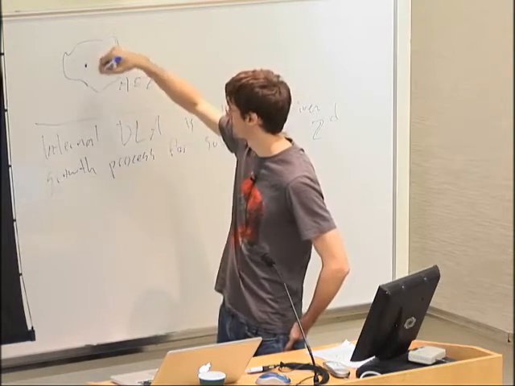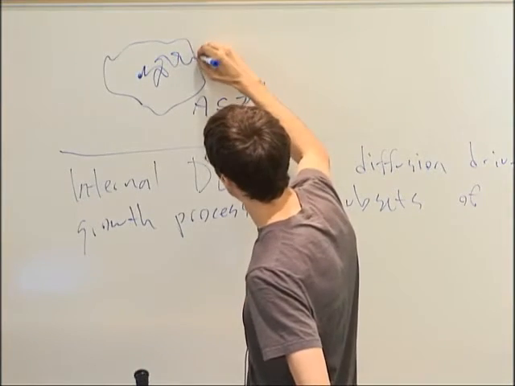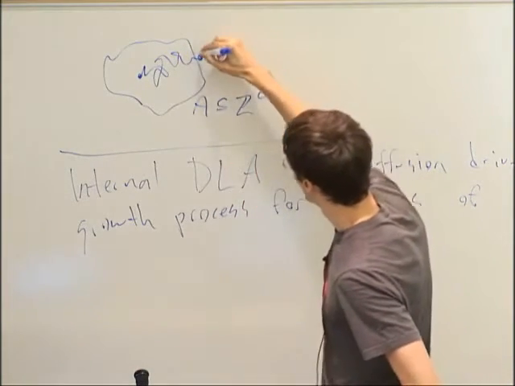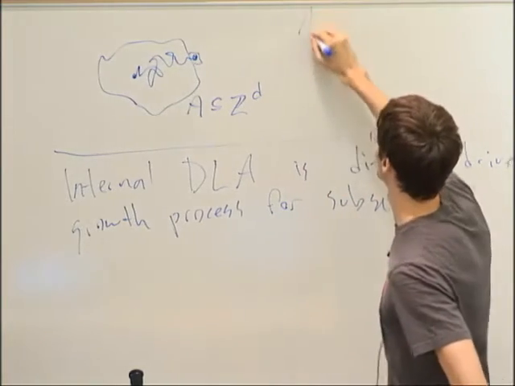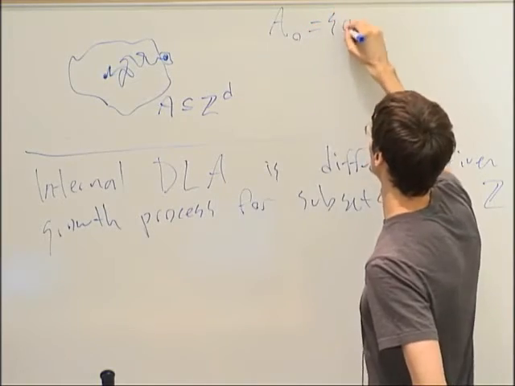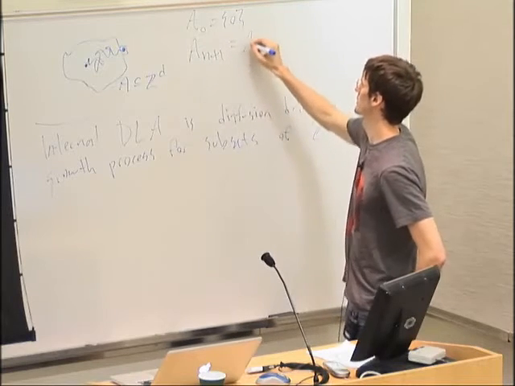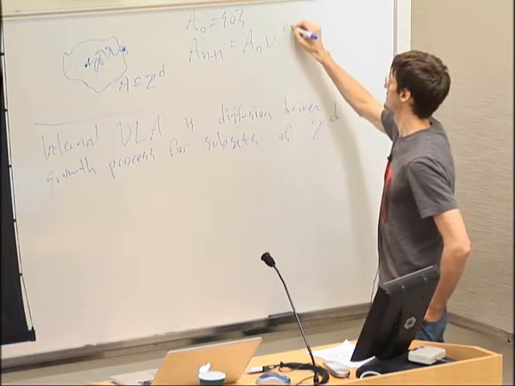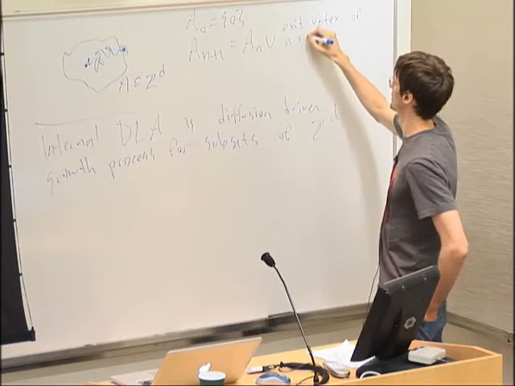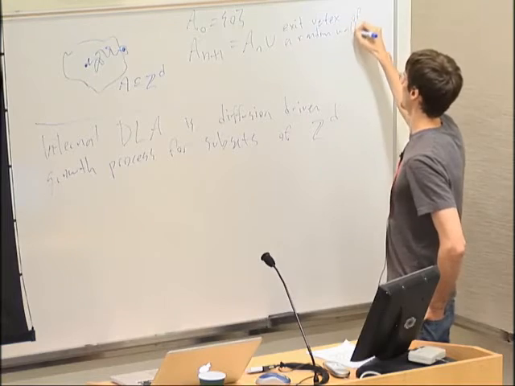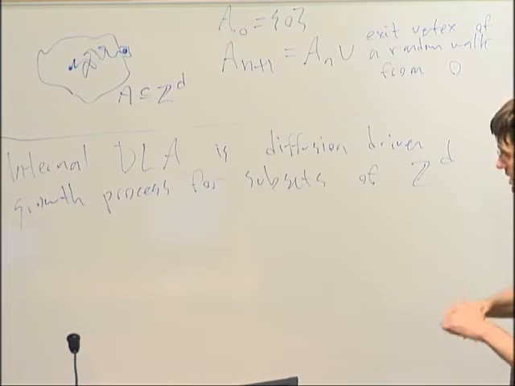You let that token walk randomly on the lattice until it exits the set, and then you add that exit vertex to A. Let's say we start with A_0 being the set that contains the origin, and then we let the next set be the first set union the exit vertex of a random walk from the origin. Then you just iterate this process.